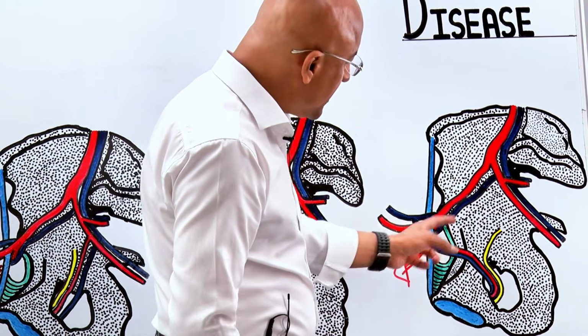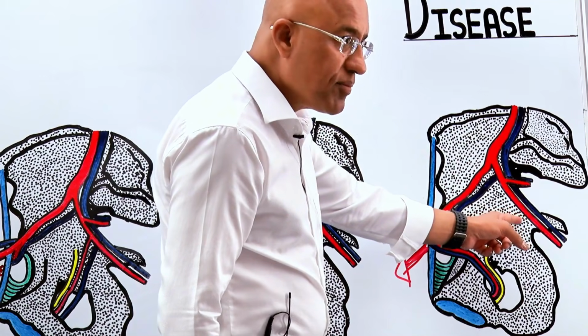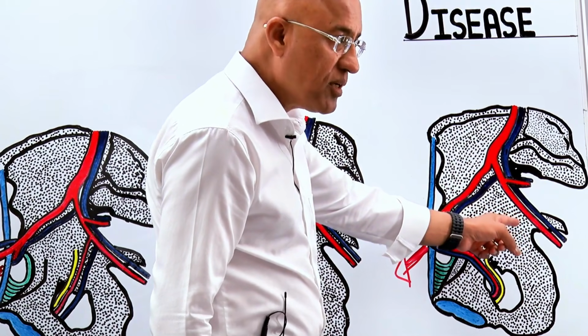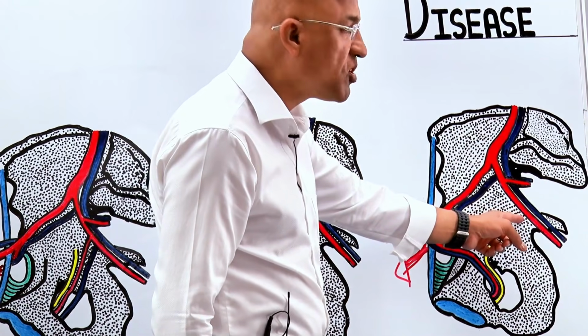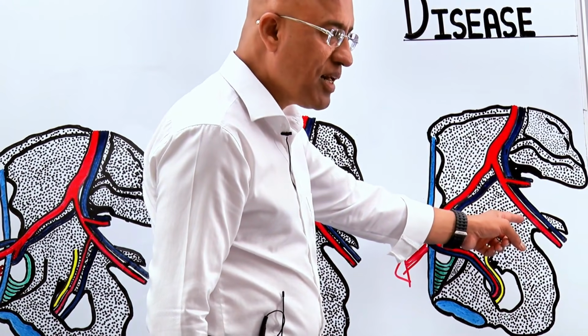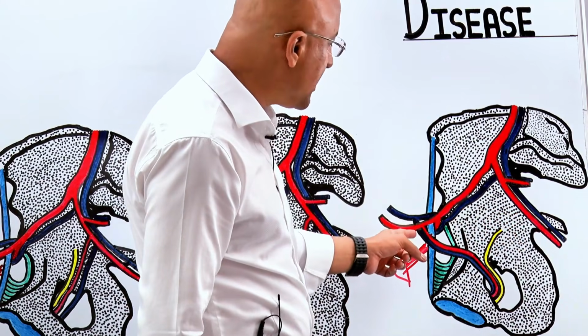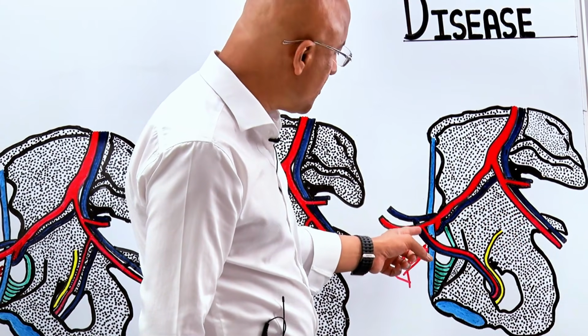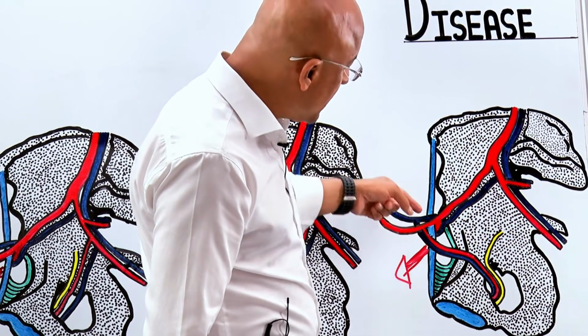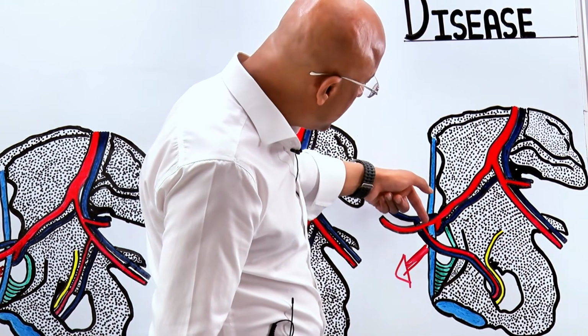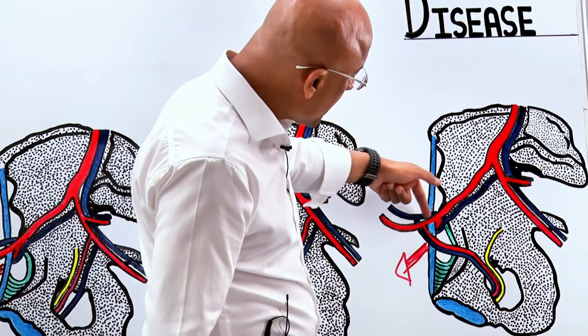Now, here you can see the origin, which was the classical origin, has been displaced. It is no more here from the internal iliac system, rather it is at the external iliac system. But now here it comes from, what is this artery? Inferior epigastric.